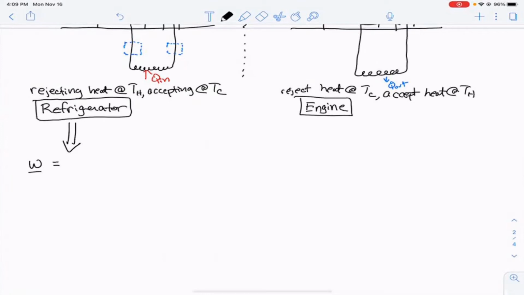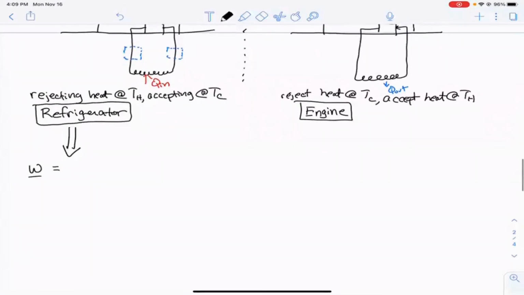So we know that that is equal to Q in over the net amount of work that you need to do. And in our previous lecture, we derived an expression for the coefficient of performance for a Carnot refrigerator, and that was equal to the cold temperature divided by the difference between the hot temperature and the cold temperature.